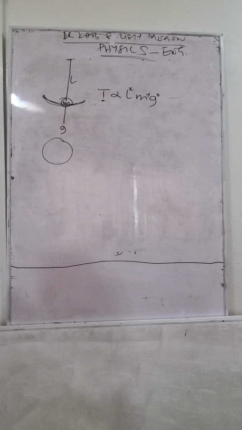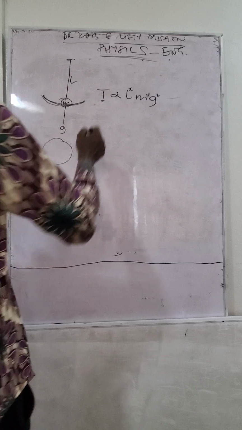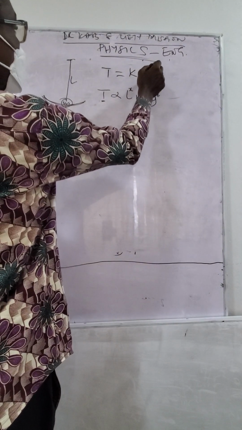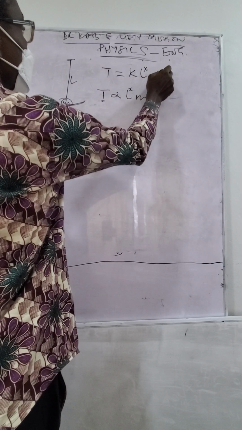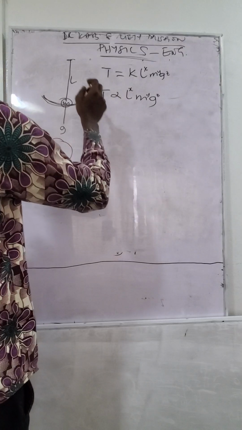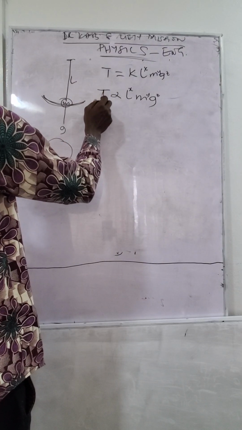So let's see how that will be done. If you remove the proportionality sign, it will be k, l^x, m^y, g^z. Now from here, this period, which is time, is in seconds.